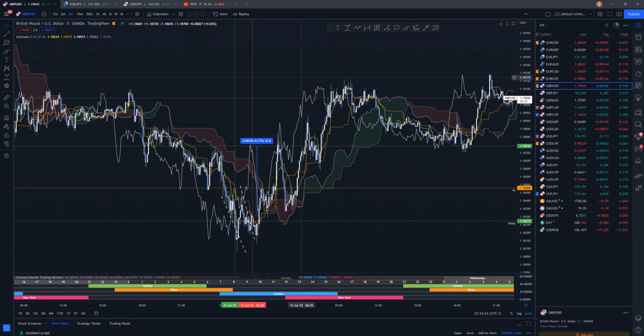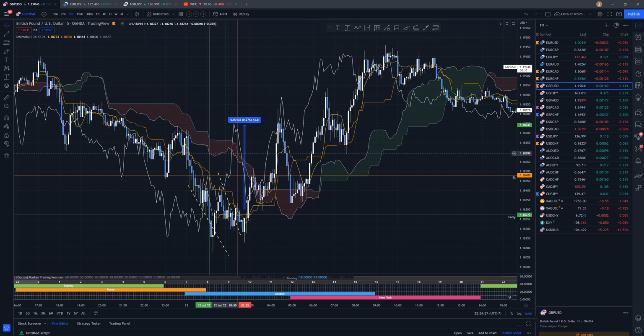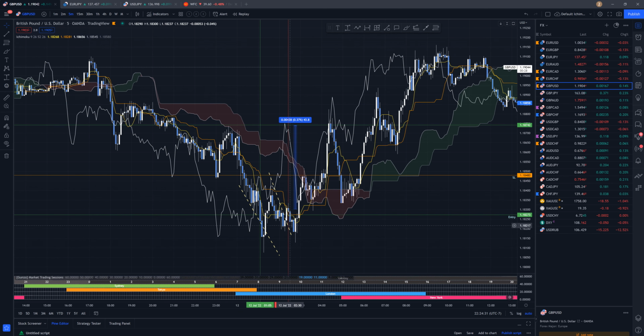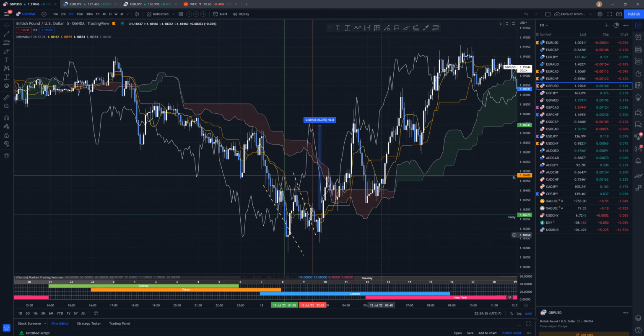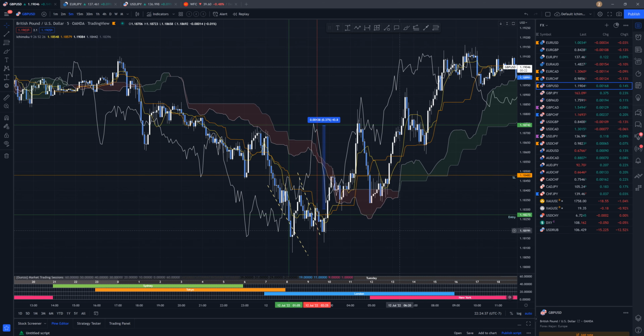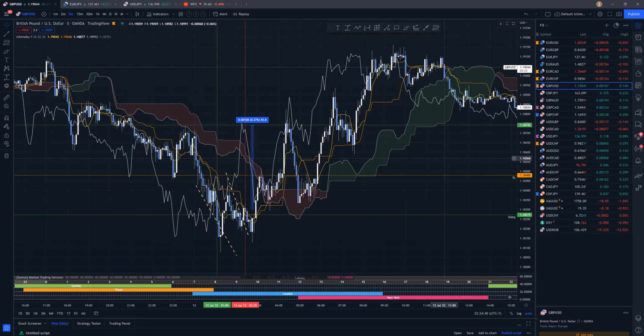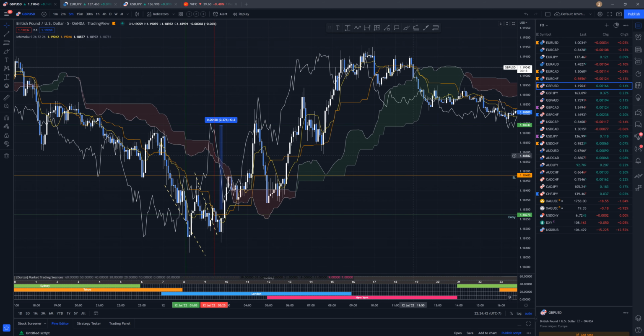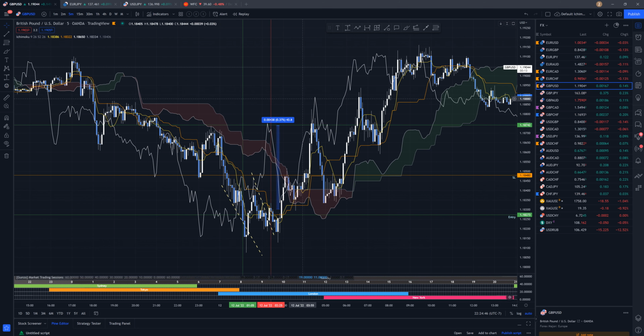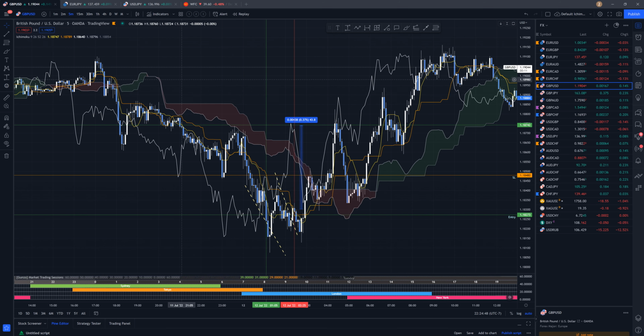So worst situation, if I just walked away from the charts, I would have lost 2%, but I got out for essentially 3 pips, which is nothing. So yeah, I'll continue to look for a second breakout opportunity to trade this pair, pound USD. But yeah, that did not happen yesterday.